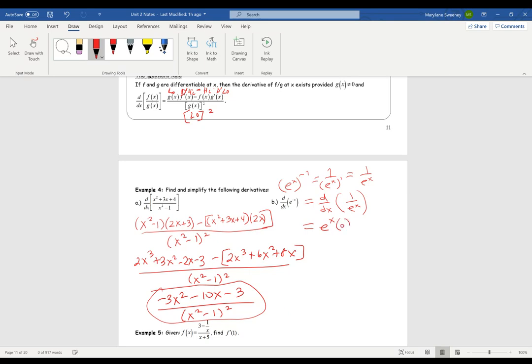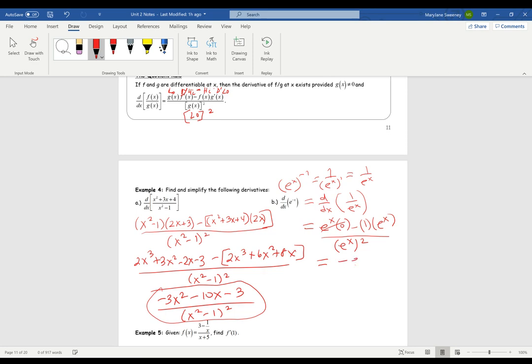Derivative of 1 is 0, right? Derivative of any constant is 0. Minus high, which is 1, d low. Derivative of the denominator is e to the x. Derivative of e to the x is e to the x over low squared. So the first part wipes out, that's 0.